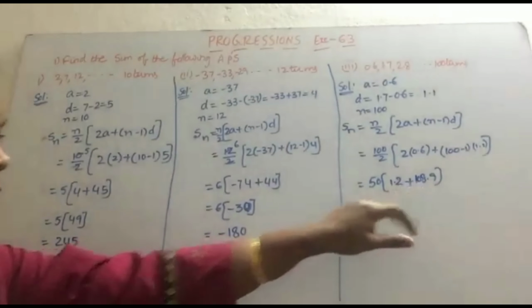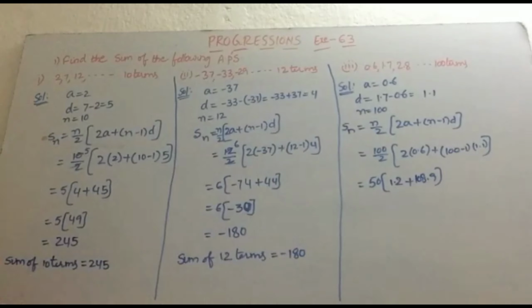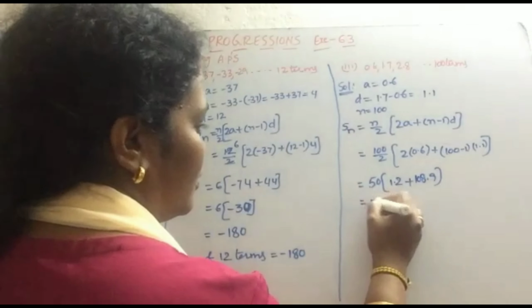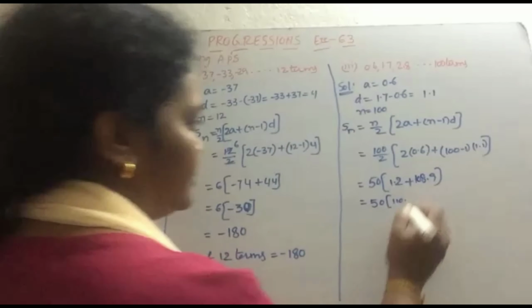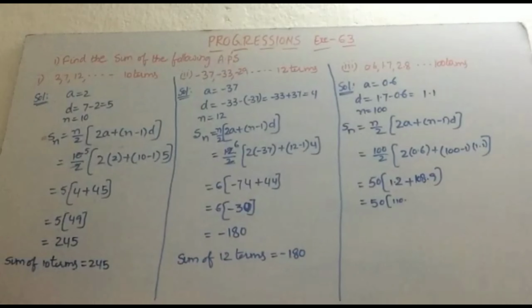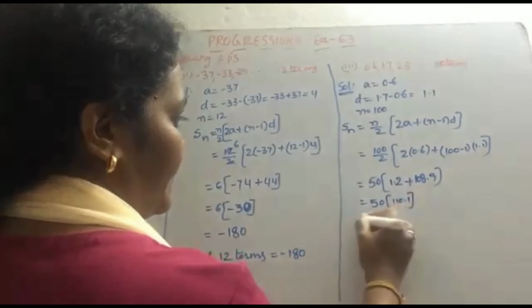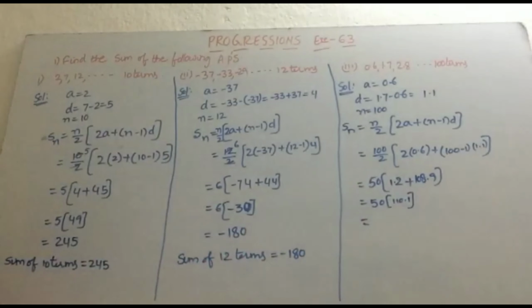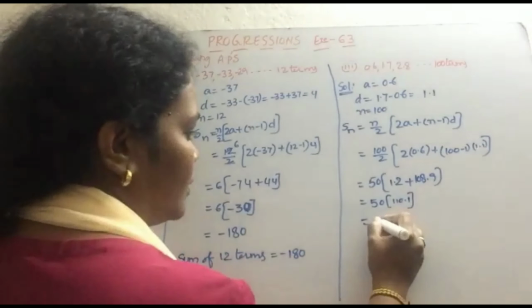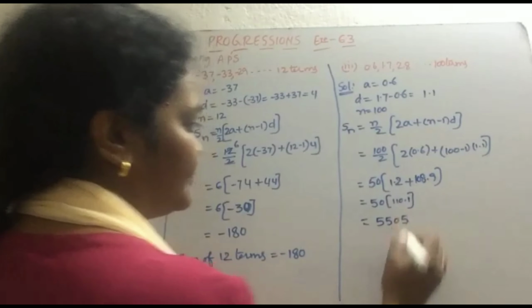Now we will add both of these: 50 into 110.1. So that is equal to 5505.